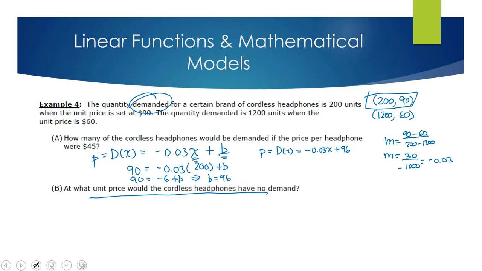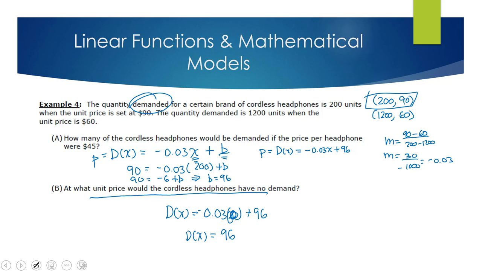So essentially, no demand means that no units are wanted. And that means that the demand curve price was set at $96 or possibly more.